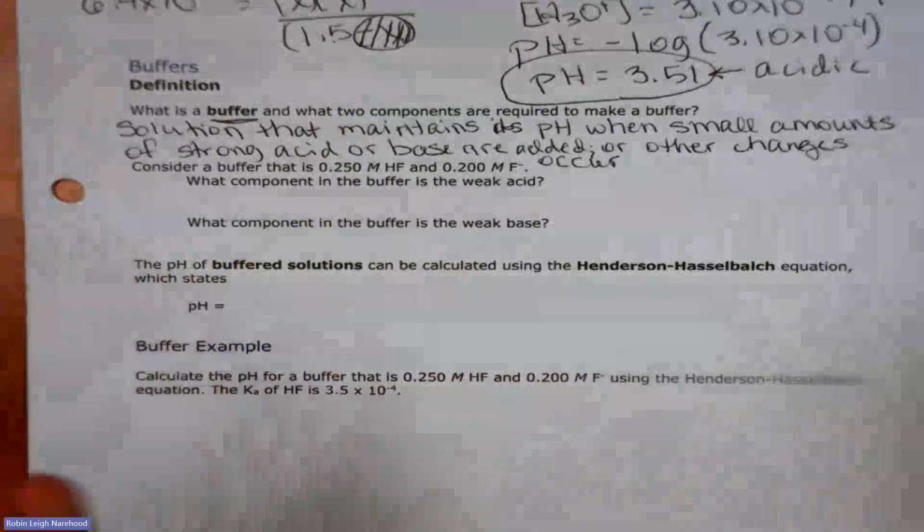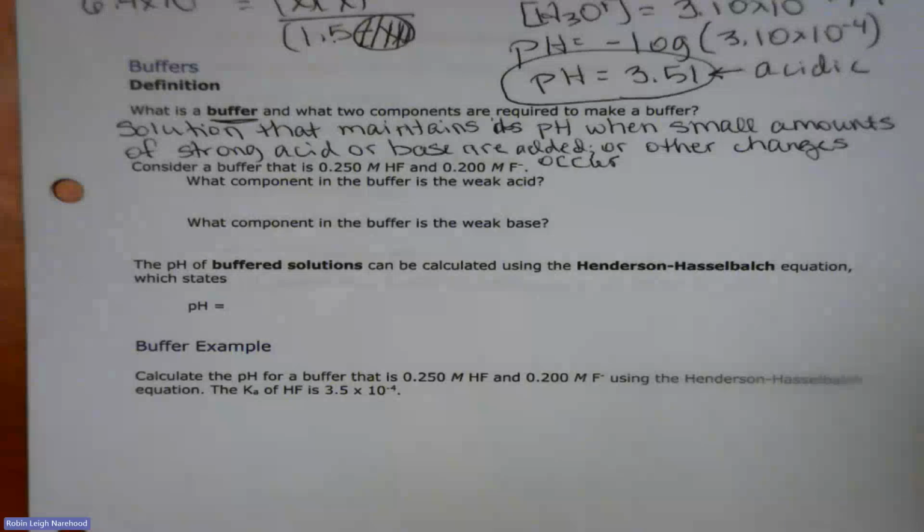There are other things that can happen to a solution that could possibly affect the pH, but if it's a buffer solution, it's not going to affect it very much. So it maintains its pH, whatever the pH level happens to be; that is around the range it will stay at. In your body, there are a lot of different buffer systems that are completely separate from each other.